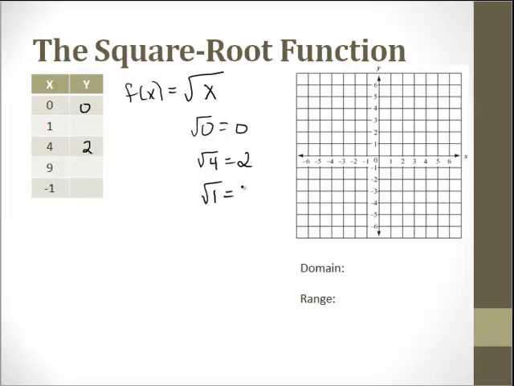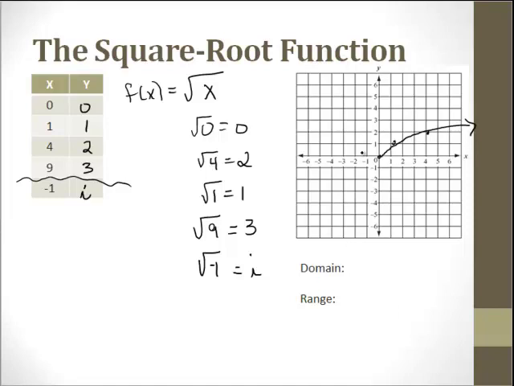What's the square root of 1? And the square root of 9? How about the square root of negative 1? It's i, and you can't graph an imaginary number, right? Okay, so we're not even going to worry about that one. So we're going to plot 0, 0, 1, 1, 4, 2, and 9, 3, which is off the grid. This looks something like this.